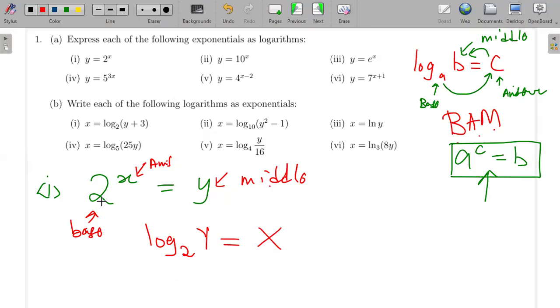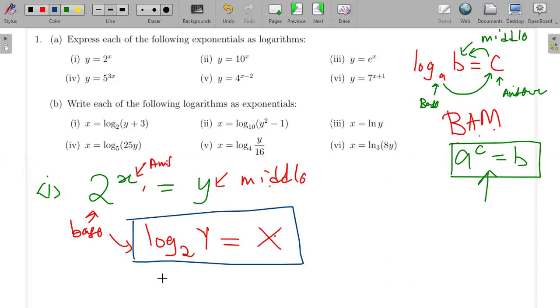So we have converted 2 to the power x is equal to y to log form, which is log base 2 of y is equal to x. Okay, so we have converted this to this. If we want to change back, it is 2 to the power x is equal to y. All right, so any questions there?